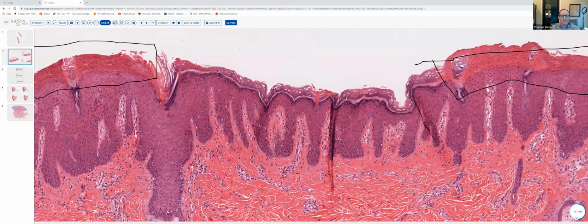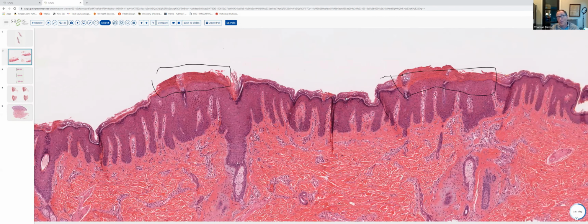One could also consider the possibility of pityriasis rubra pilaris. Typically in PRP, while the rete are elongated and hyperplastic, the degree of epidermal hyperplasia is not as pronounced as one sees here. The rete tend to be a little bit more stubby.